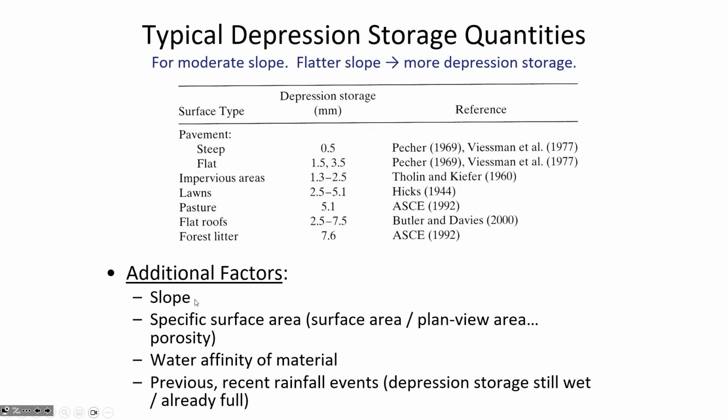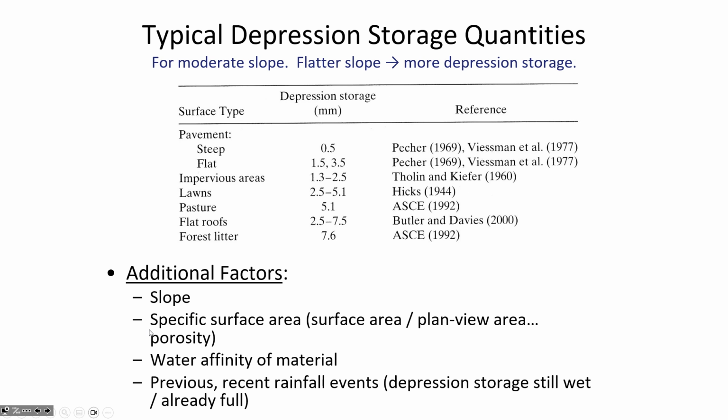So steep slopes tend to have higher water velocities and lower storage quantities than flat slopes. And the affinity of the material for water, like decomposing organic material, would have a high affinity for water and would absorb it and bind to it, compared to inorganic surfaces like concrete and asphalt.